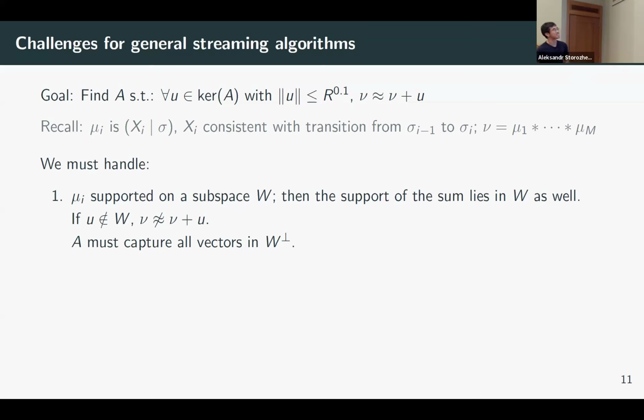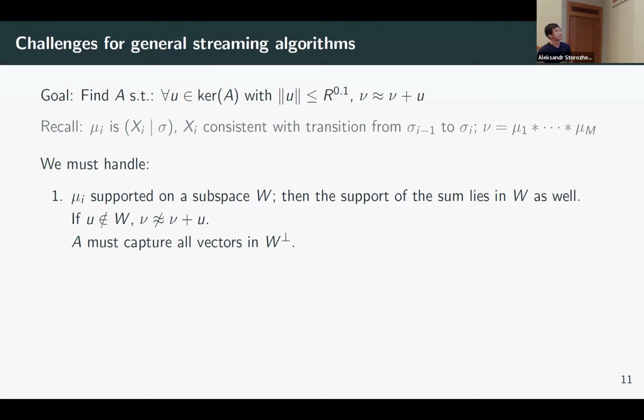So one case is that, let's say, these conditional distributions xi, maybe each one of them is supported on a small subspace. Say it's the same small subspace W. Then the support of the sum must also lie in the same small subspace, right?